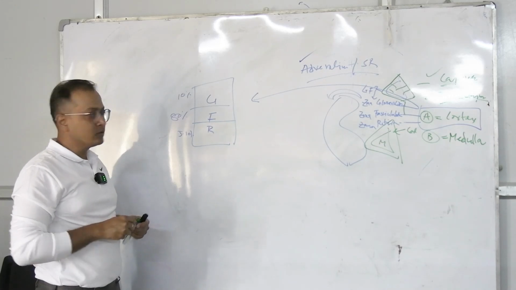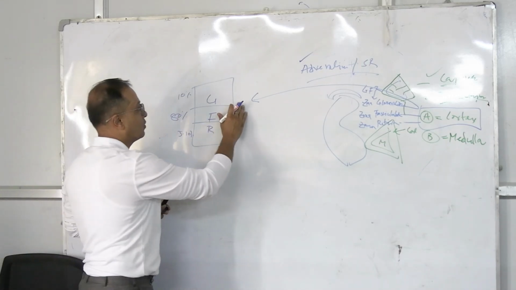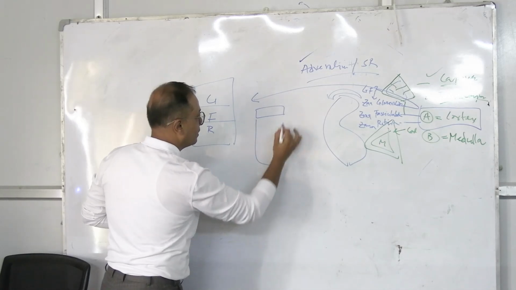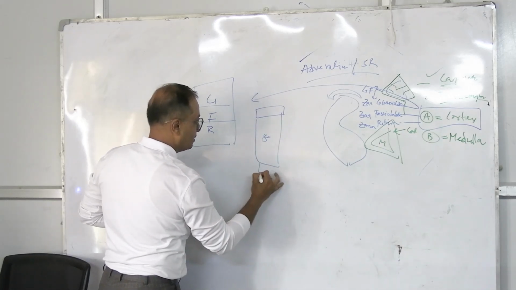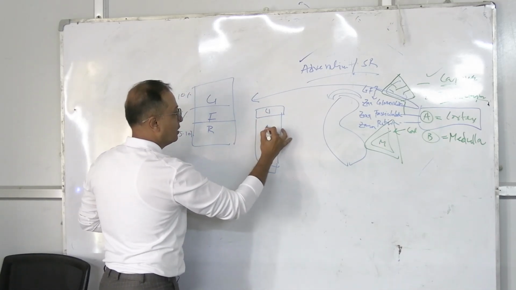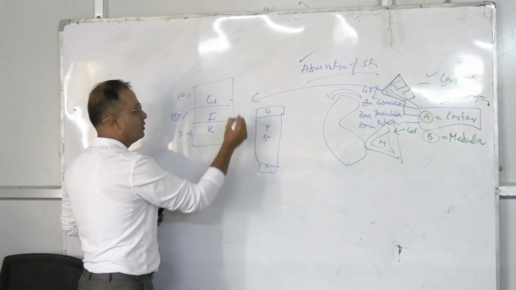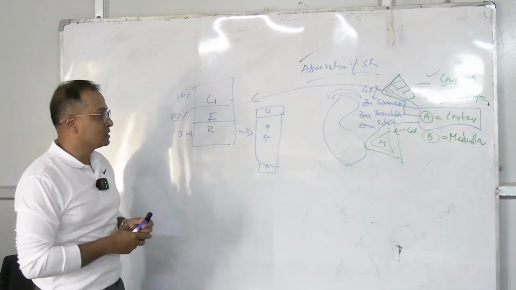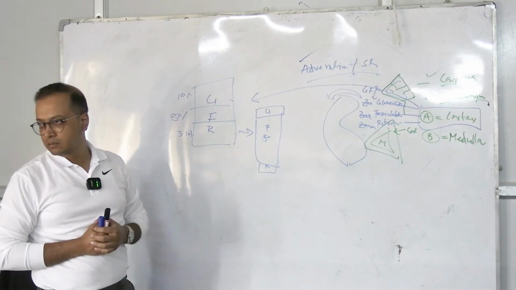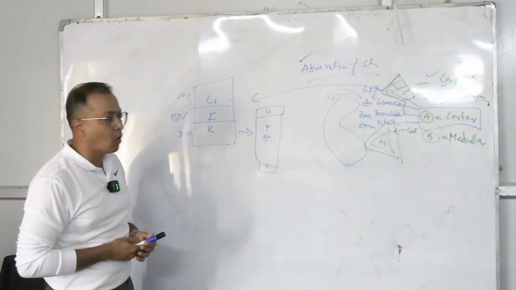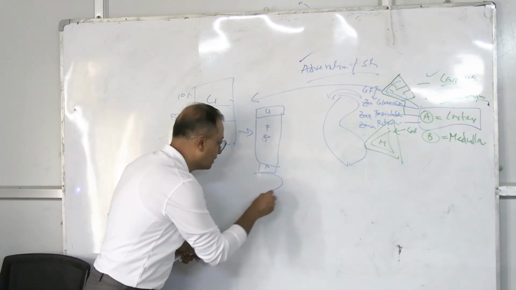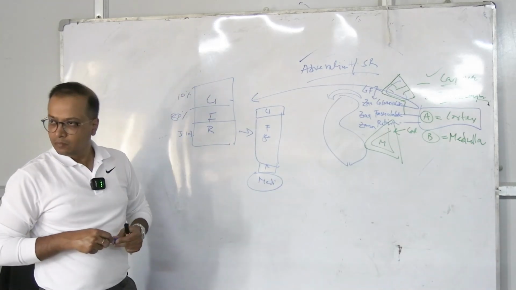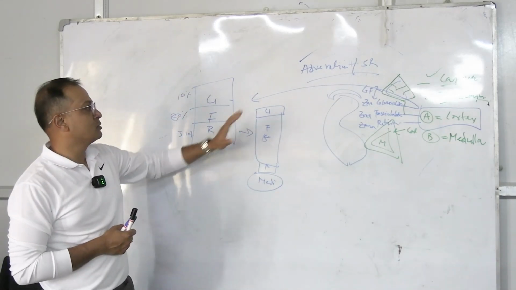So the cortex distribution will be 10, 80 and 5, G, F, R, whenever you are seeing the layers present in the adrenal cortex. Then we have a very short medulla present inside it. Clear? So these two things we are going to see.